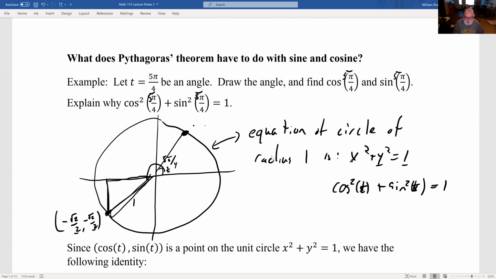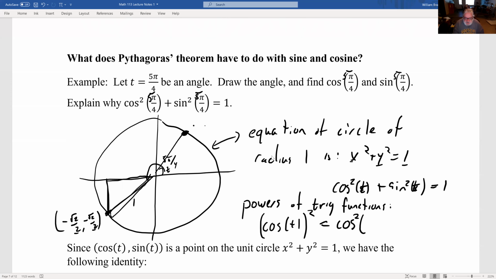Note something about writing powers of trig functions. What we're talking about is the quantity cosine t, quantity squared. But for some reason, we put the squared on the cosine like that.